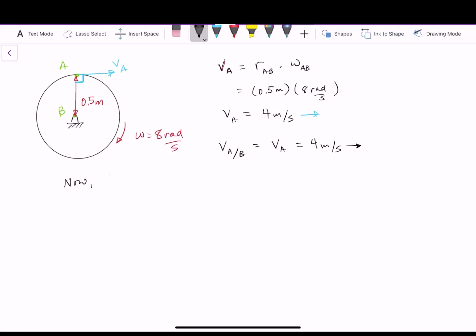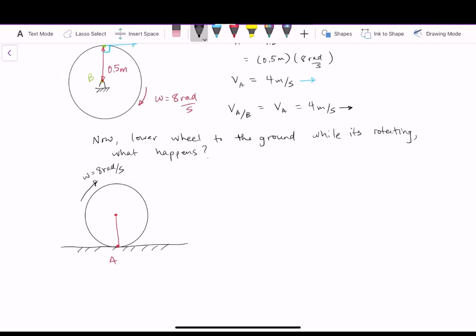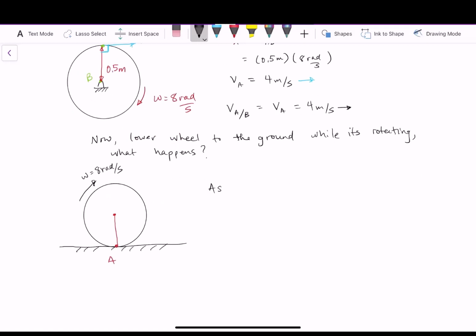Now, what happens if we lower this wheel? It's spinning. We're just going to lower it to the ground. And we want to know what happens when it touches the ground. When A touches the ground, and we assume that there is no slippage, then right at that instant, point A appears to be stationary.